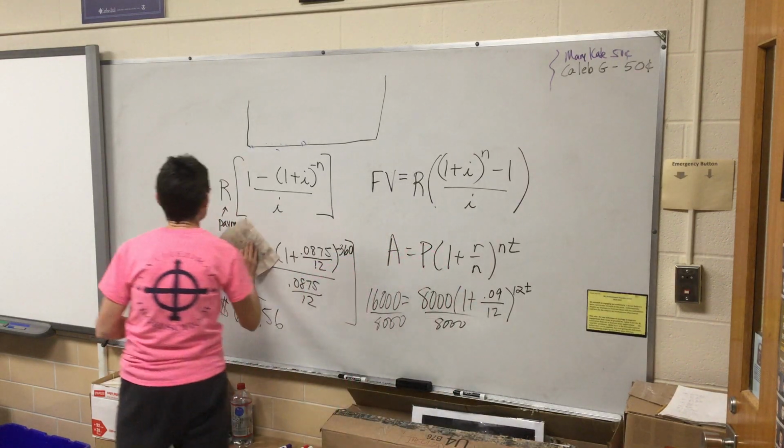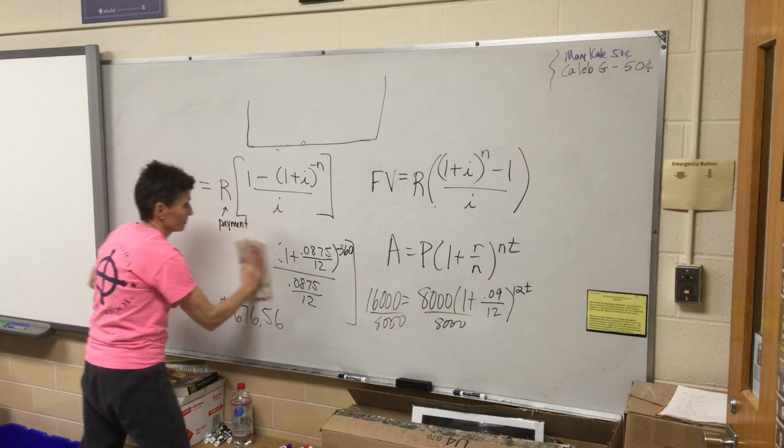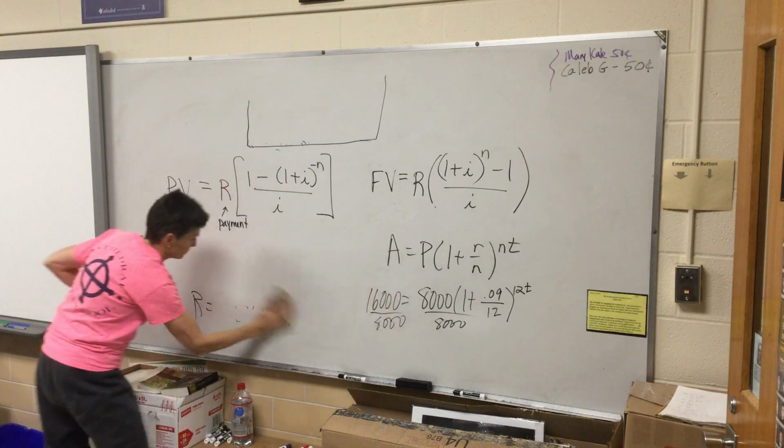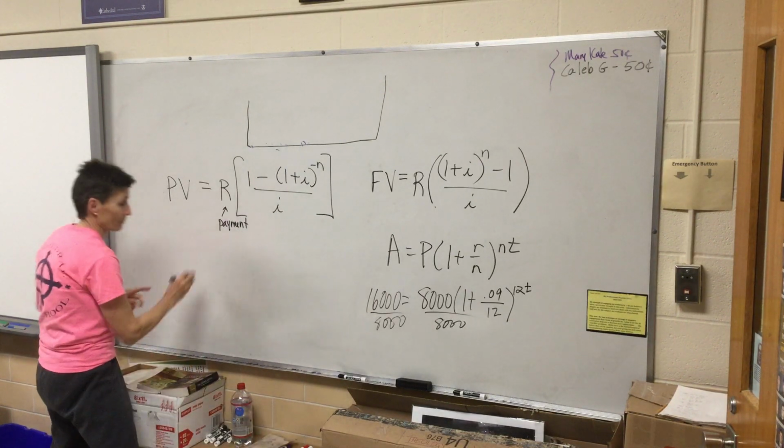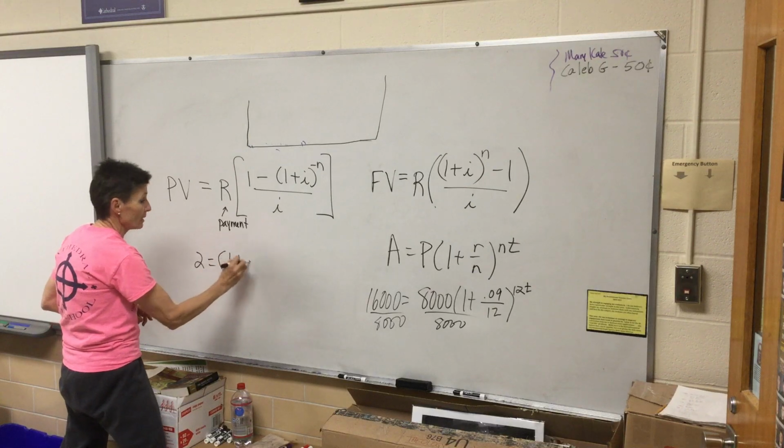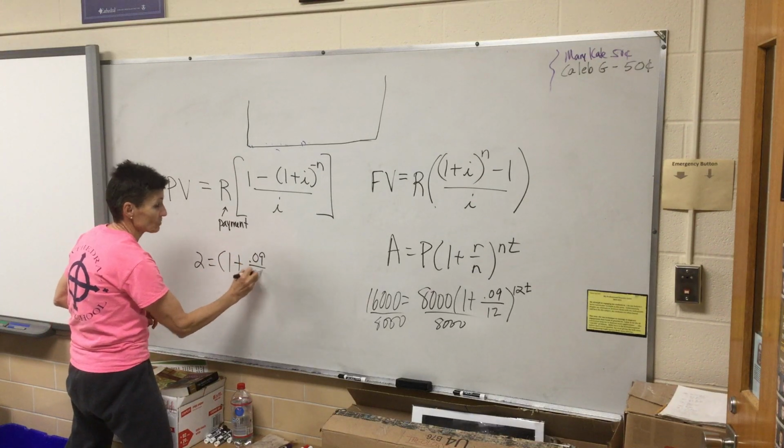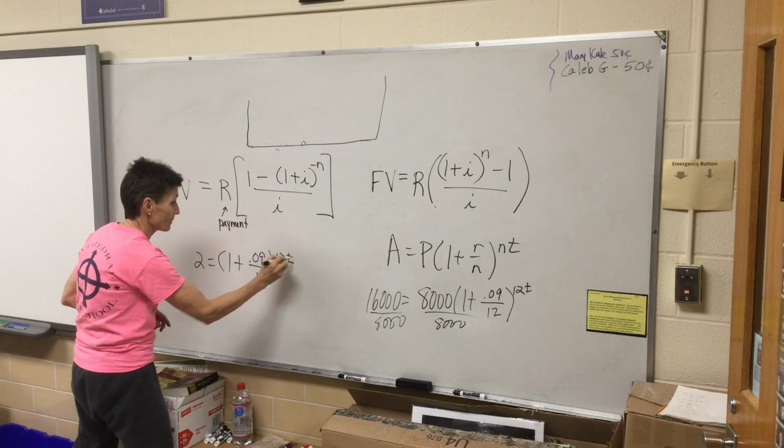So that gives us 2 equals 1 plus 0.09 divided by 12, to the 12t.